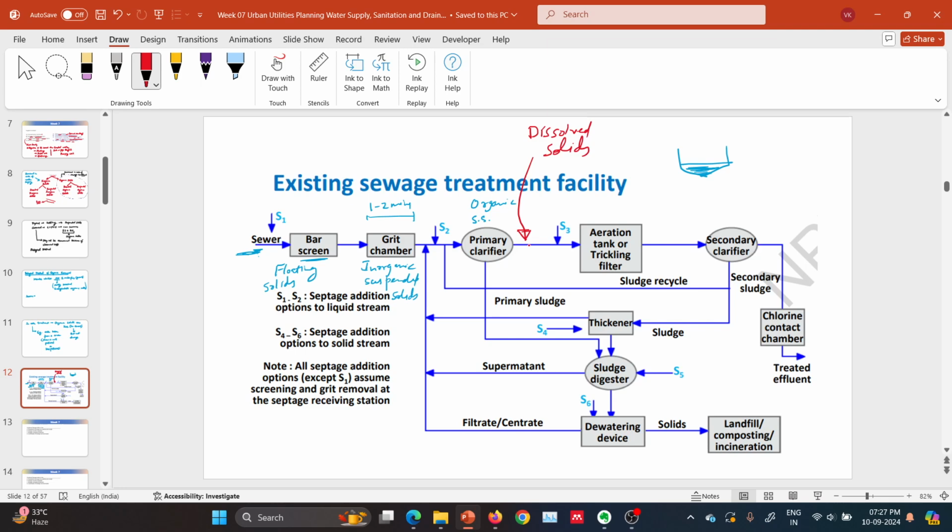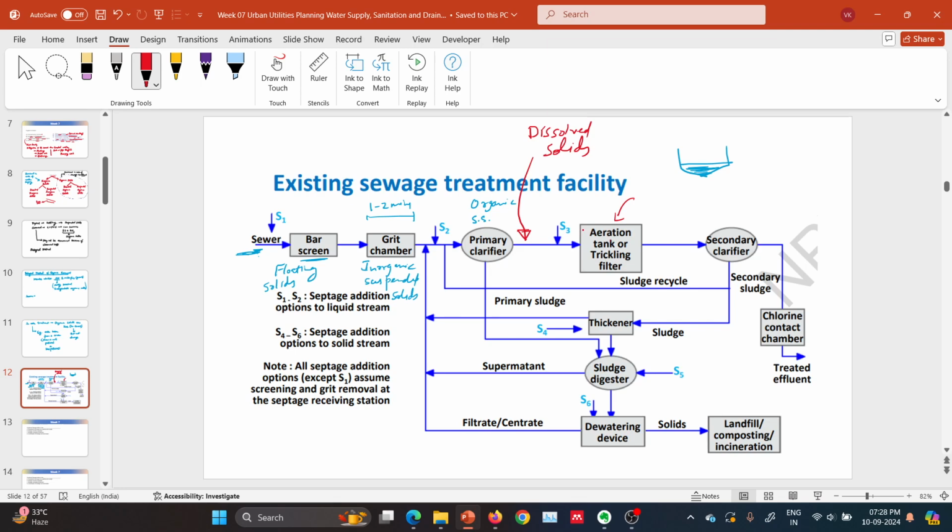Whatever process I discussed earlier, the microbes are contacted with the dissolved organic solids, or we can say dissolved biodegradable organic solids, in the aeration tank or trickling filter. The aeration tank is a suspended growth system, whereas the trickling filter is an attached growth system. They will come in contact with each other. Microbes will degrade or decompose the organic matter, and they will oxidize it to carbon dioxide in the presence of oxygen if it is an aerobic process.